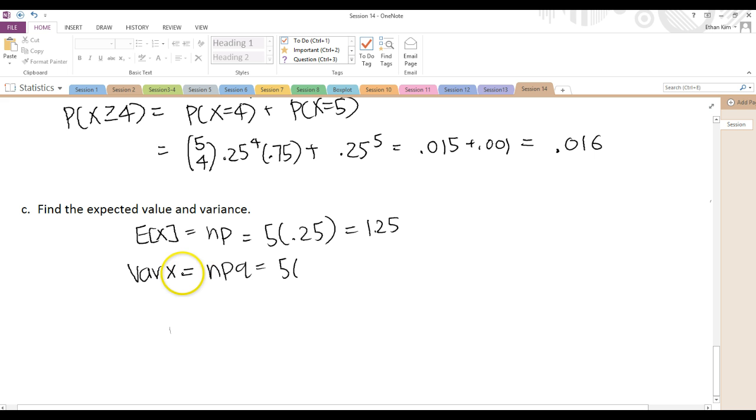So this is going to be 5 times 0.25 times 0.75, and if you do that, what do you get? So these are the answers. So on average, you're expected to get 1.25 red flower offspring, and the variance here is this value right here. Okay.